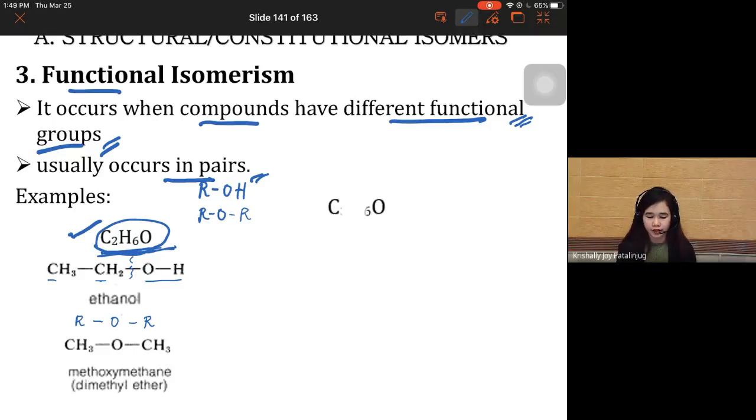Sige, next. C3H6O. That formula can produce an aldehyde. Naalala ninyo ang aldehyde, di ba? Aldehyde is a carbonyl group with a terminal hydrogen attached to the carbonyl carbon. So that is an aldehyde.